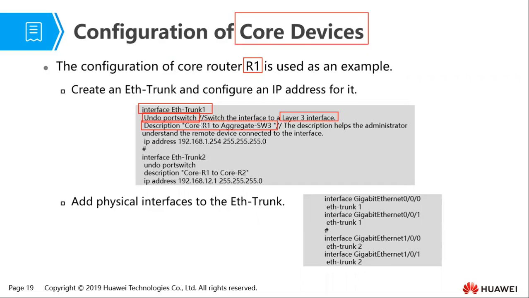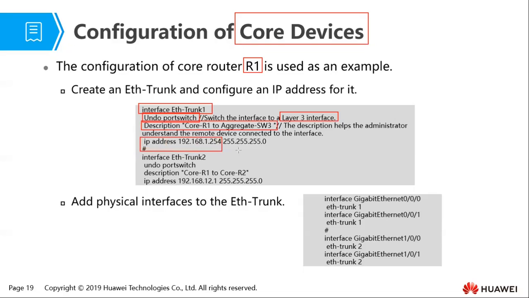For example, here we are saying core R1 to aggregate switch 3. Oh, okay. Here we are actually creating the Ethernet trunk that is connecting R1 and switch 3. Sorry, it's not R1 and R2, it's actually R1 and switch 3. The description is very important because it helps the administrator understand the remote device connected to the interface for future maintenance.